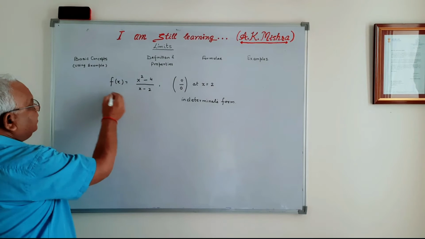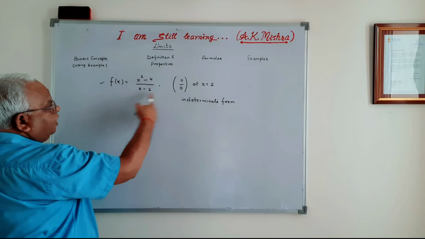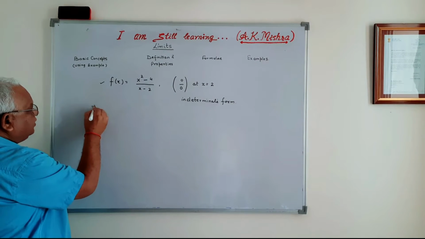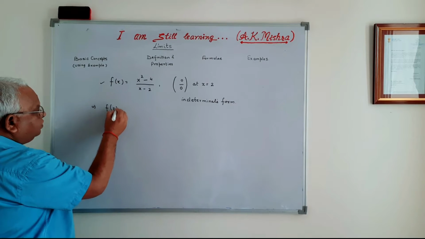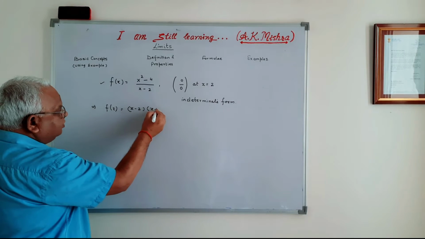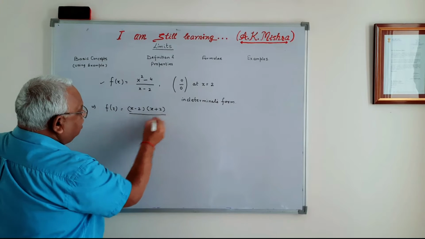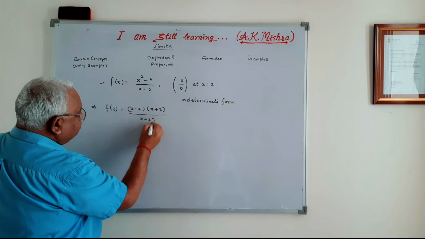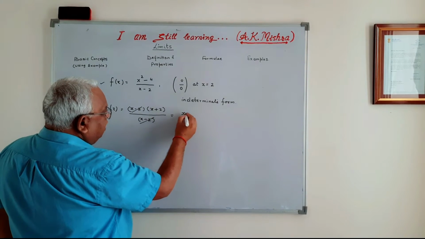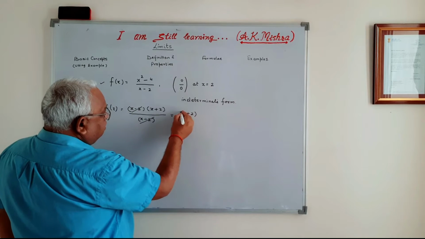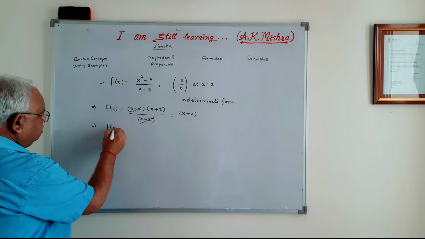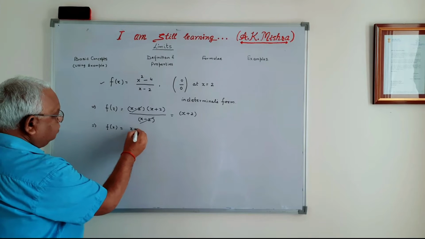You need to understand that this function is not defined at x equal to 2, but we can redefine this function as f(x) equal to (x minus 2) into (x plus 2) upon (x minus 2). So x minus 2 will go away, and this function is defined as f(x) equal to x plus 2.